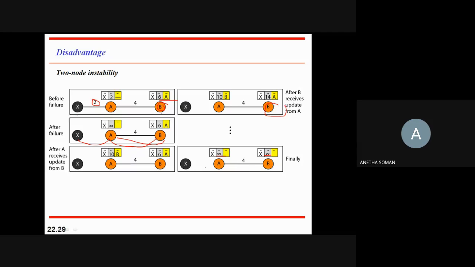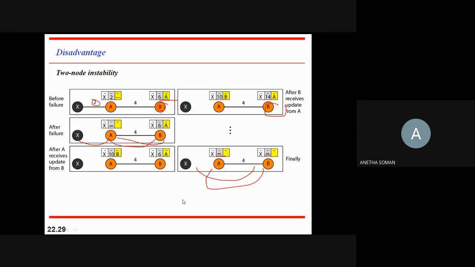It will first go to B and then come back to A. Similarly, if B receives a packet which has to be transferred to X, it will first go to A and then come back to B. So the packet is interchanged between the nodes. It is also called two-node instability. Okay, so this is the main drawback of the distance vector routing algorithm.